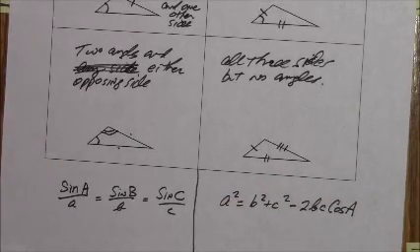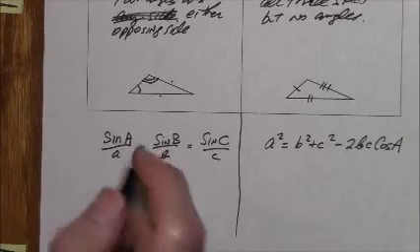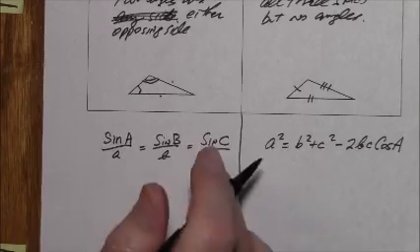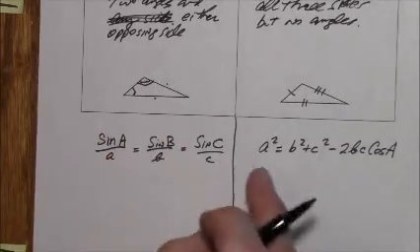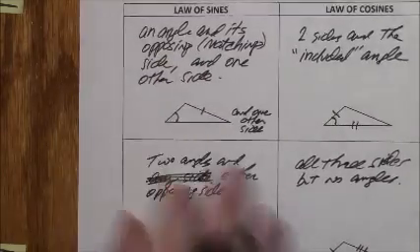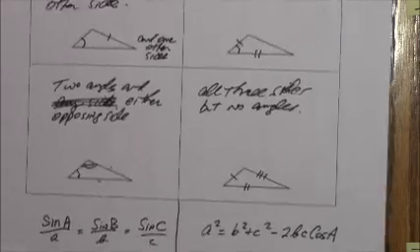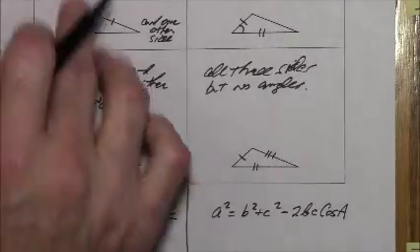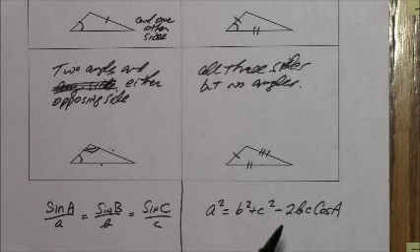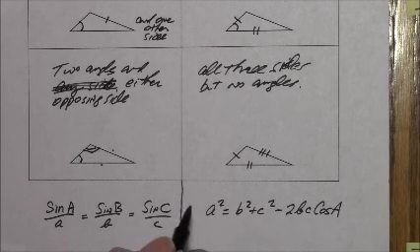Now the good thing about this is if you had this setup or this setup, it's not possible to use the law of sines, because you would have one of each of these pairs but no full pair, so you wouldn't be able to do any cross multiplying. And for these two, you would not have enough, because you have to have the angle here that's separated.